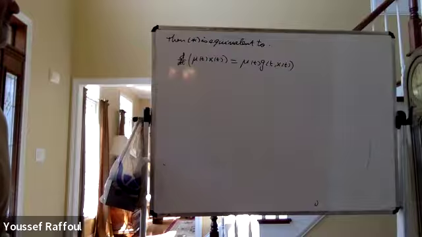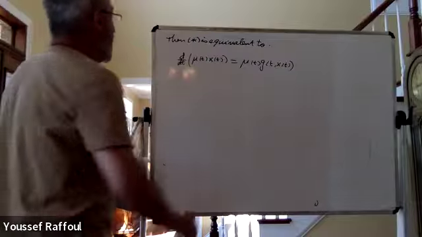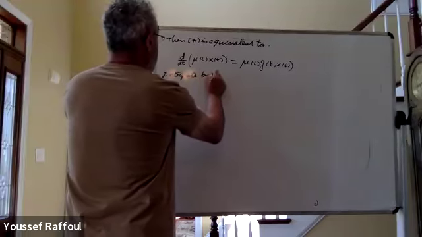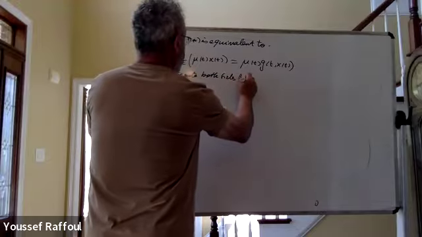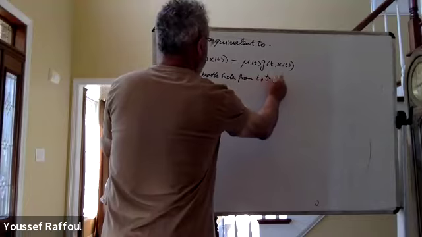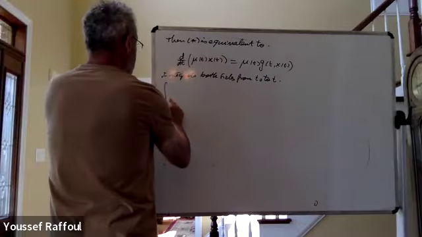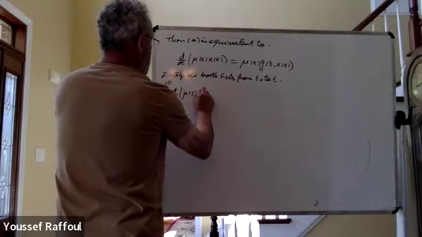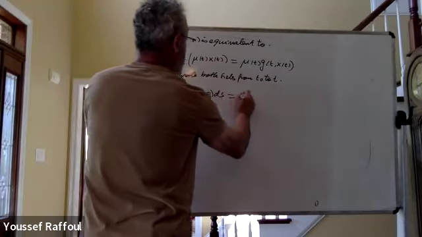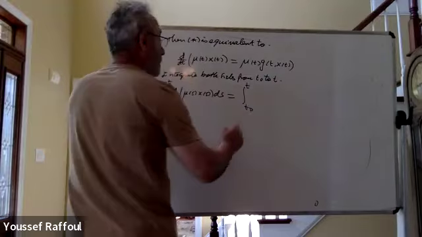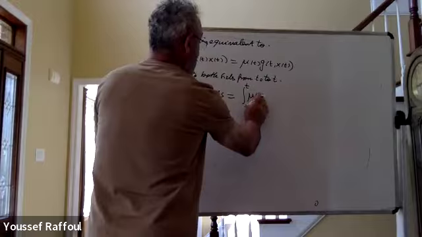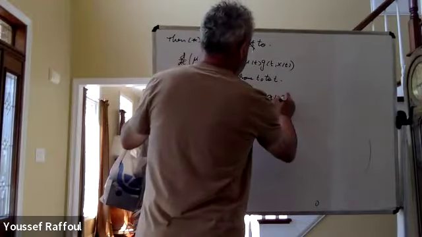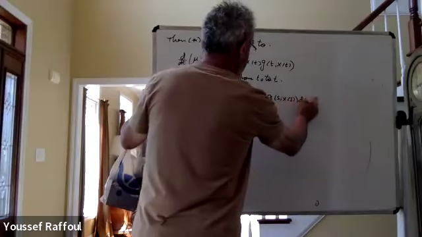All right. So now integrate both sides from t naught to t. So what we're going to get is the integral from t naught to t of d/ds of mu(s) x(s) ds equal to the integral from t naught to t of mu(s) g(s, x(s)) ds.